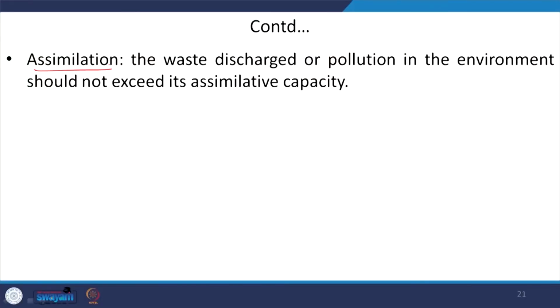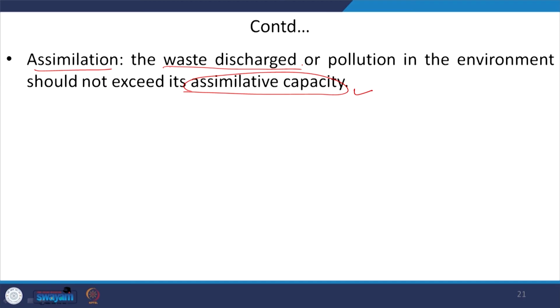So, the third criterion for achieving this environmental sustainability is assimilation. That means we need to think about the assimilative capacity of nature and the amount of waste or pollution we are generating from our economic activity.